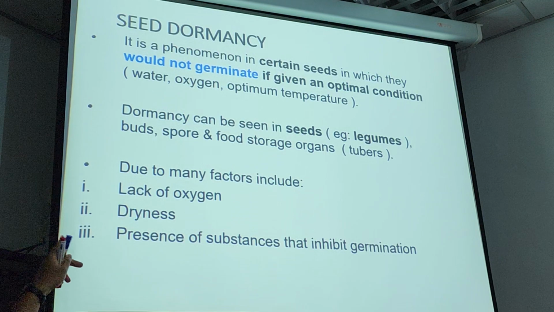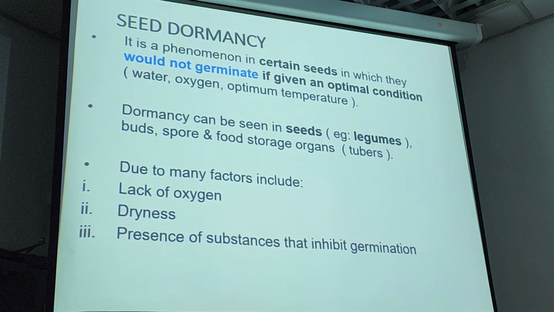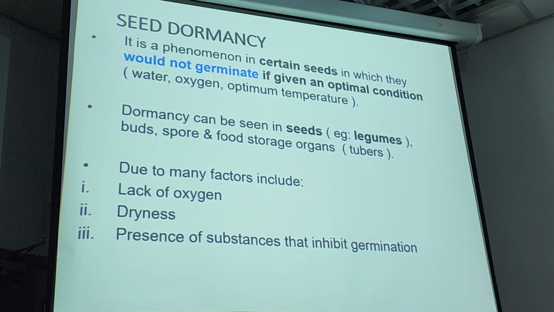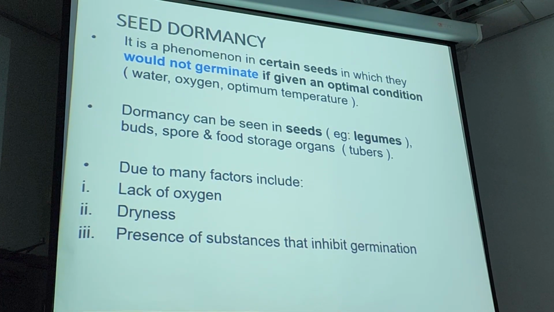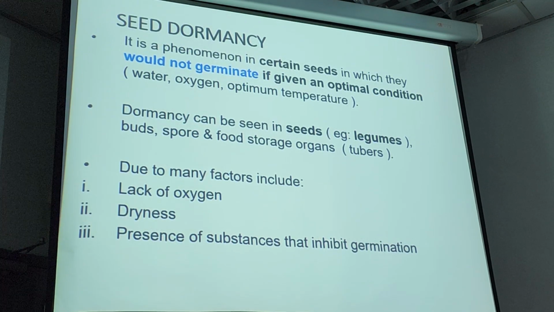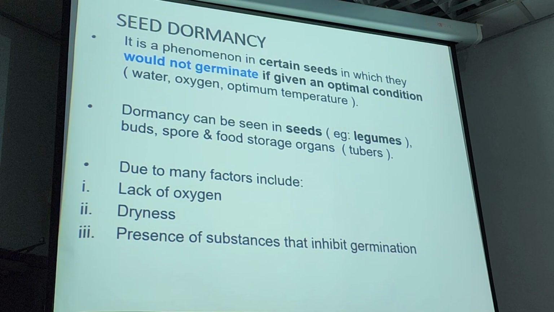Number one is lack of oxygen. You see the seed testa, the seed jacket, is actually waterproof, heat proof, so many kinds of proofs. So this prevents the oxygen from getting in.